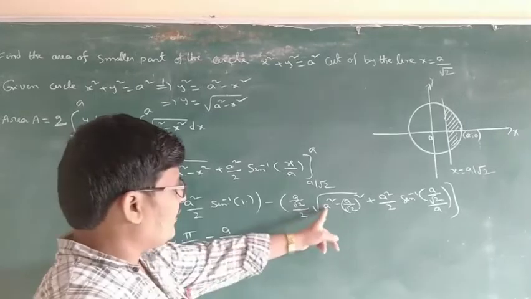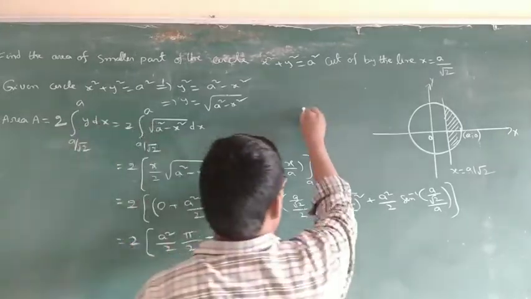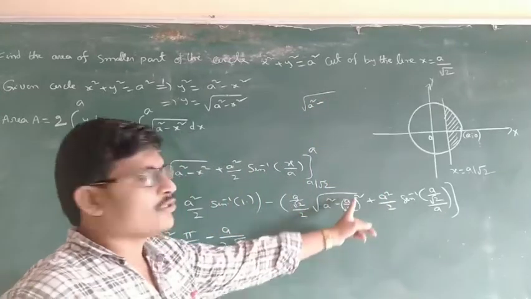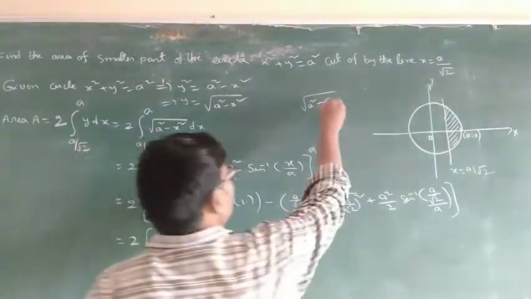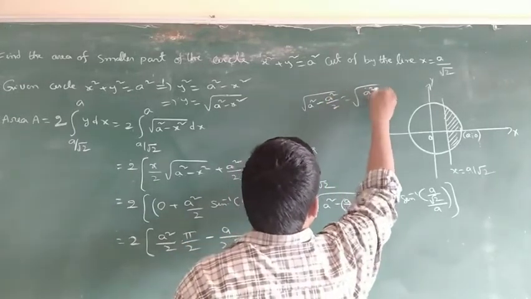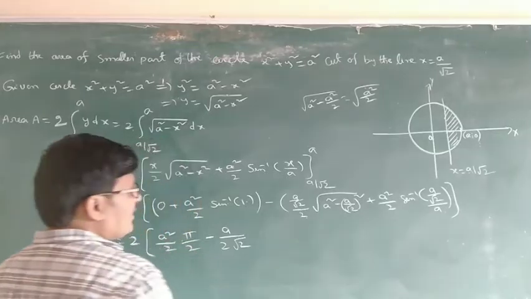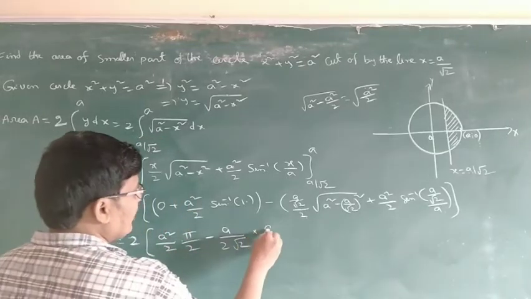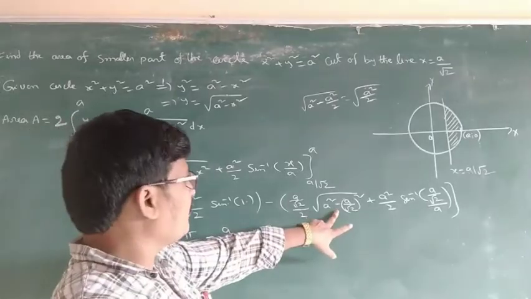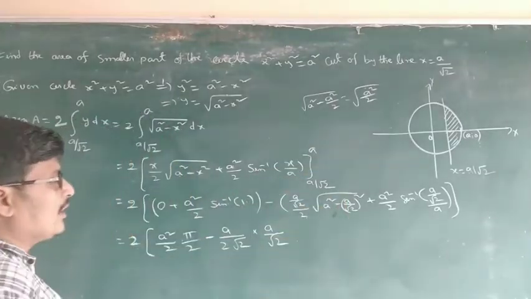Next, root of a square minus a by root 2 whole square is equal to a by 2, so root of a square by 2 means a by root 2.